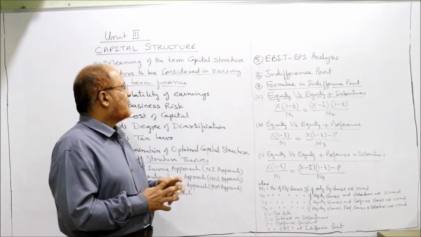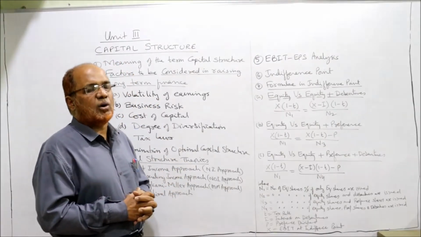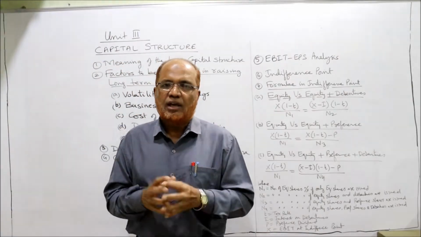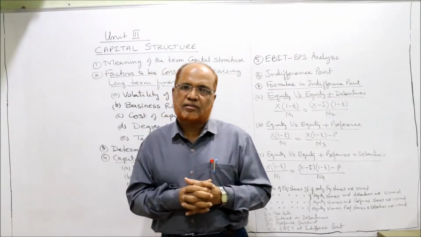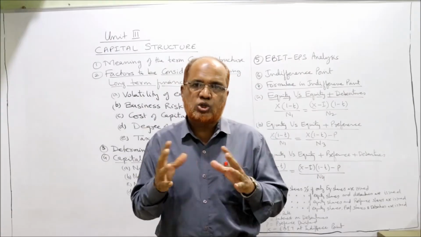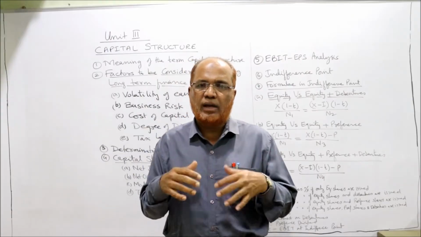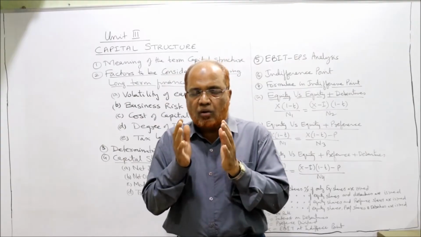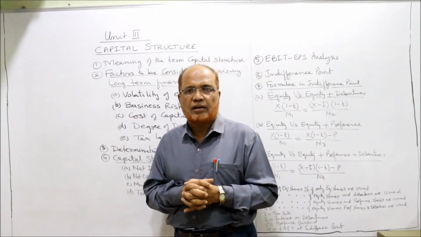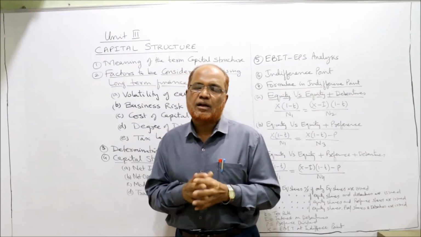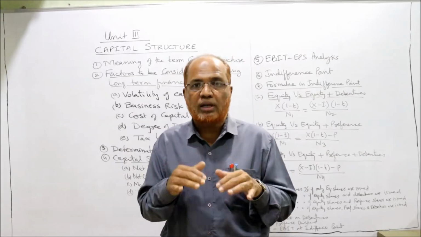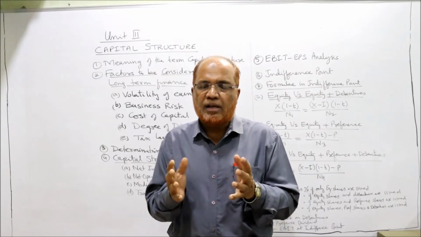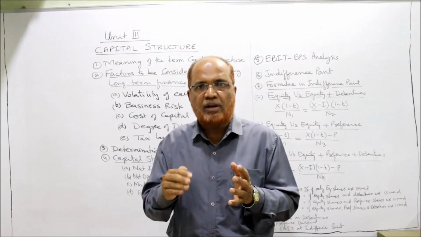What are the factors? First factor is volatility of earnings. If the corporate earnings are volatile, fluctuating from year to year due to a number of factors like seasonality, then the company must resort more to equity, less to debt, because the risk is more. The company does not know when the profits will come down.